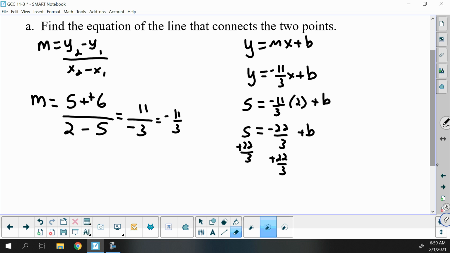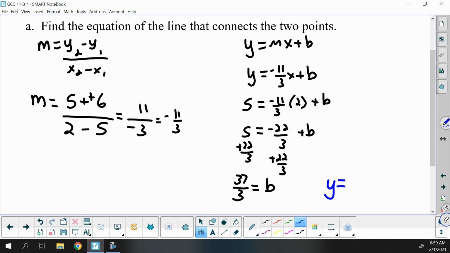So again, you can just do this right in the calculator. 5 plus 22/3. That'll give us 37/3. And that's our value of b. Now just note, you're not done with the problem yet because you had to write the equation of the line. So to finish off, we've got y equals negative 11/3 x, and now fill in that b value of 37/3.